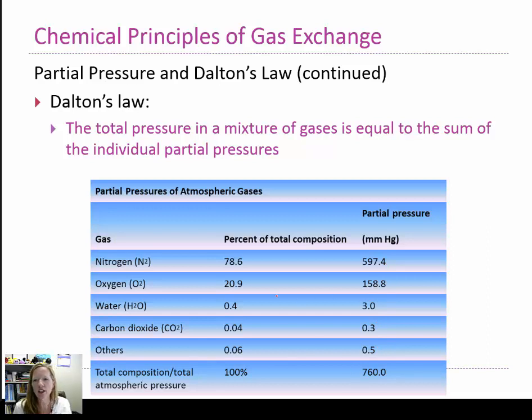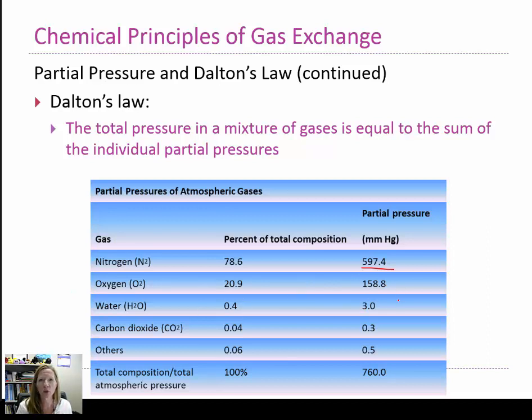This one is just looking at the atmosphere, the gas around us. We'll take a look at how it changes once we get into the alveoli. So look, there's that 597 millimeters of mercury because of the percentage. I don't expect you to know how to calculate these. If you love math, go for it and calculate them, but you don't have to worry about knowing how to do this for your exam.